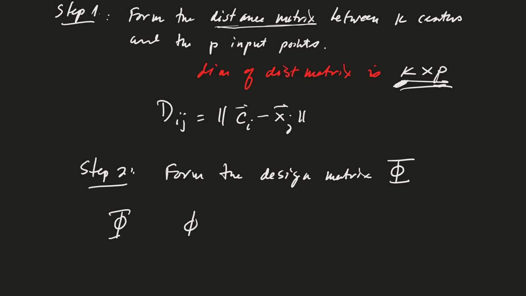Phi ij is equal to phi of ci minus xj. Using a Gaussian, that would be e to the minus our spread variable. I don't want to use sigma, that's our standard deviation. So maybe minus b times the norm of ci minus xj, squared.